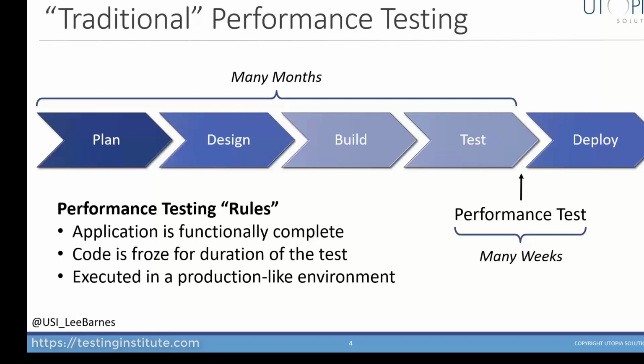And for the entire time that we're doing our work, which consists of planning the performance test, developing scripts, executing and analyzing the results, don't dare change the code, or I may have to start the whole process over again. And if you want your results to mean anything, then you better supply me with a production-like environment. And again, in large enterprises, especially with long development cycles, this worked very well for a very long time.